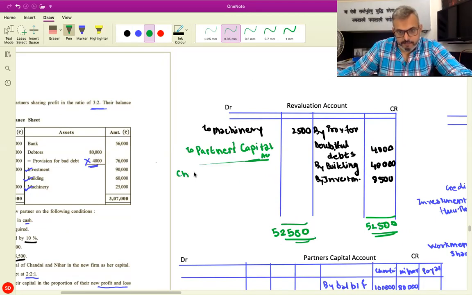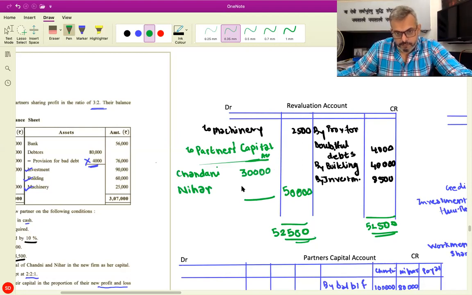Chandni and Nihar. 50,000 is the profit. 3 is to 2, so 30,000 and 20,000.